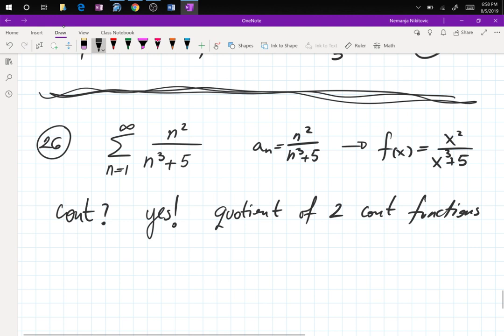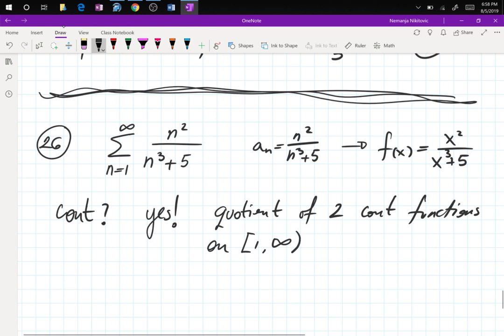So continuous functions, and all of the values in the denominator are always positive, because quotient of two continuous functions on 1 to infinity.